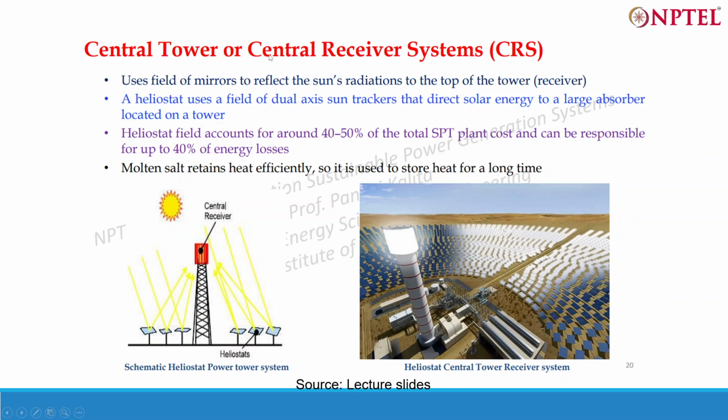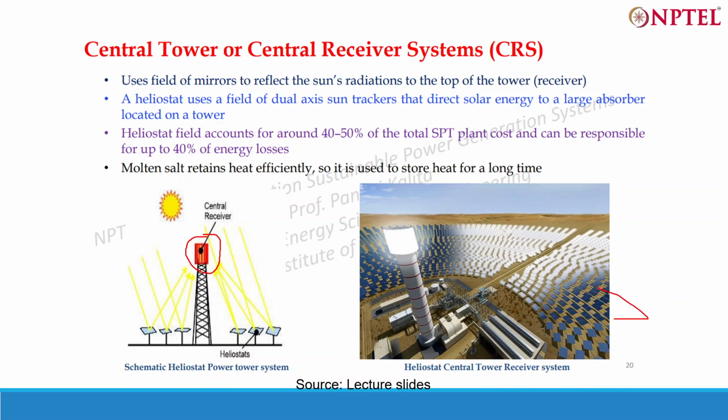Now, central tower or central receiver system. Basically it is a kind of point focus system where heliostats are used. Heliostats are basically mirrors, you can see them here.